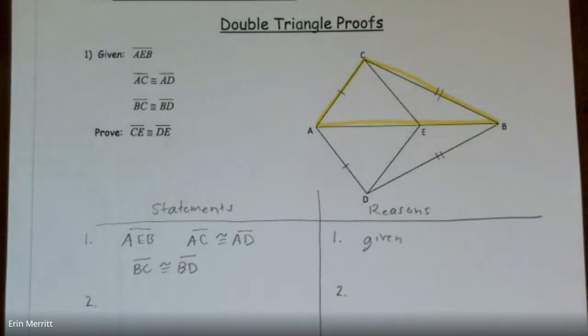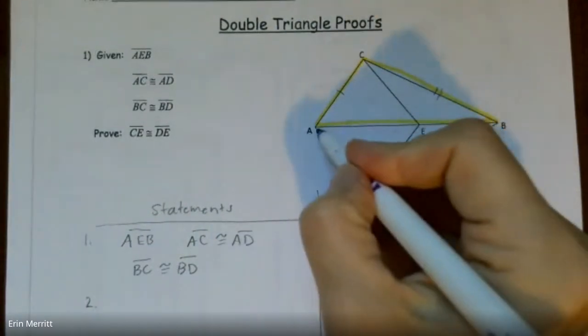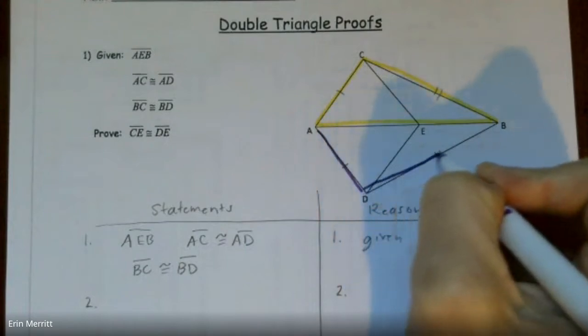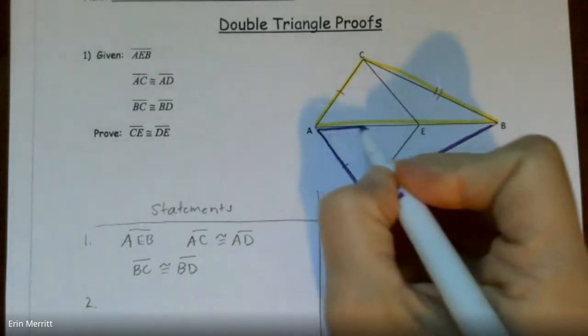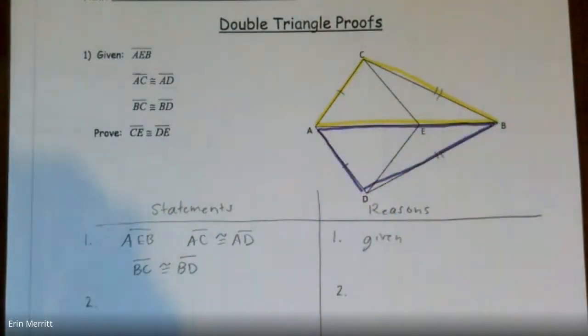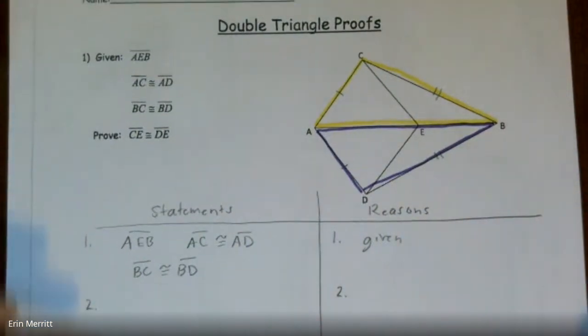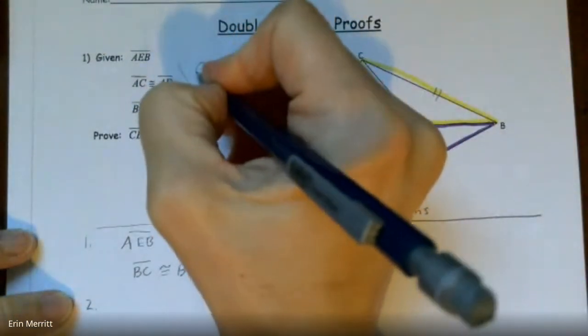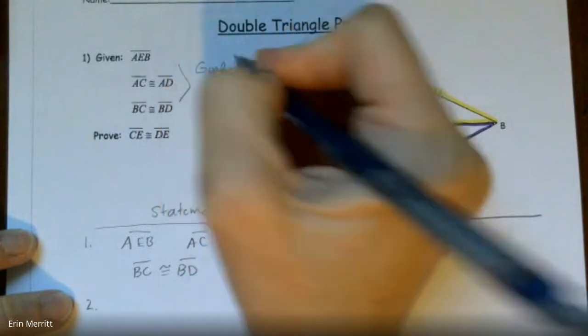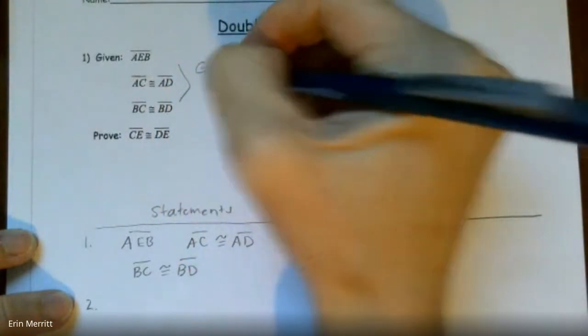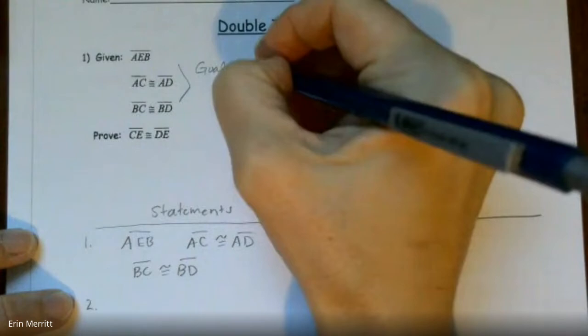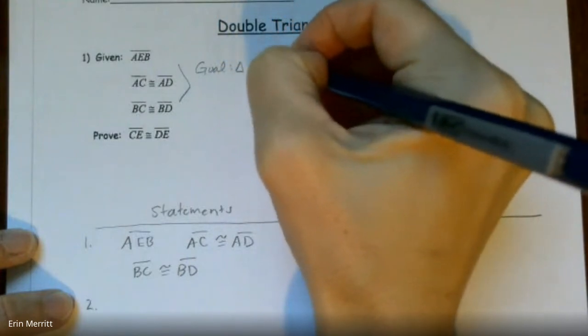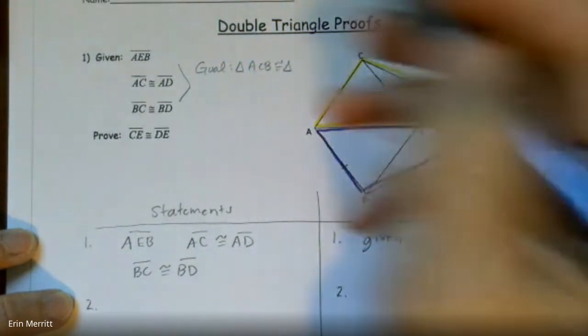Let me grab a different color marker here. If I use AD and DB here and close it up with that same side, AB. So that's actually going to be my first goal there. All right, so from this, let's make goal number 1 be to get triangle ACB congruent to triangle ADB.